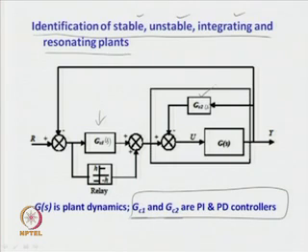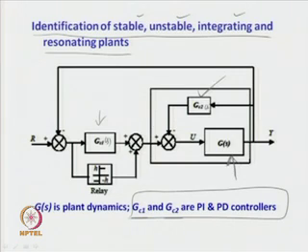GC2 can be designed primarily for stabilization of open loop unstable processes, integrating processes and regenerating processes. So, the primary job of GC2 is to stabilize the original process dynamics.